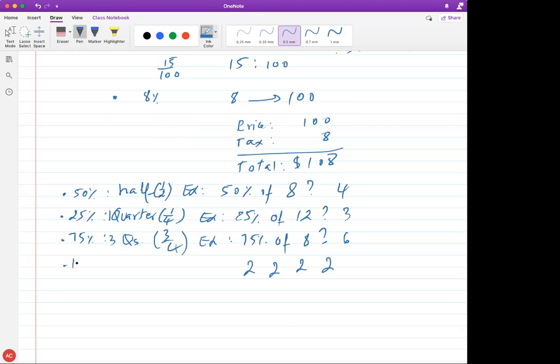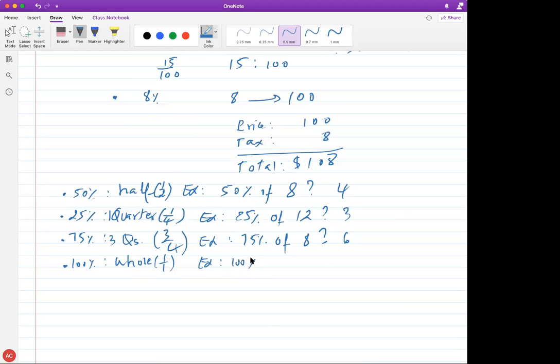Another one is 100%. So 50% is half, 25% is a quarter, 75% is 3/4. When we say 100% of something, what is that in one word? It's a whole. That's right. This means a whole or everything. So, for example, 1 out of 1 is a simple example.